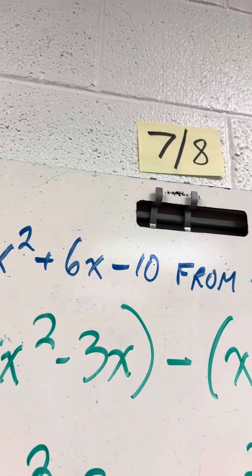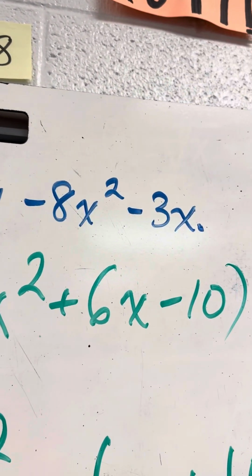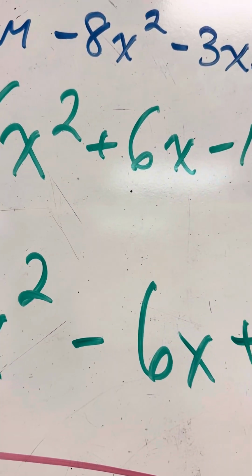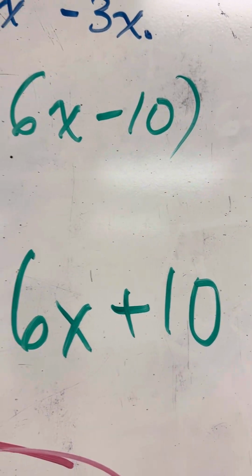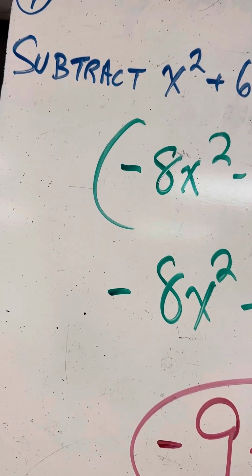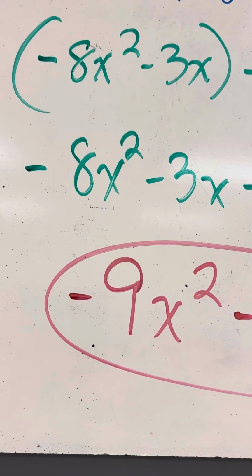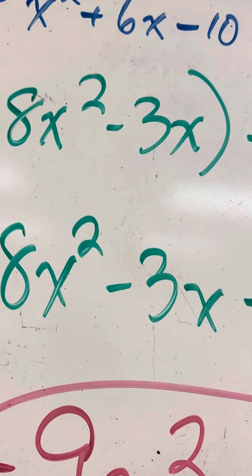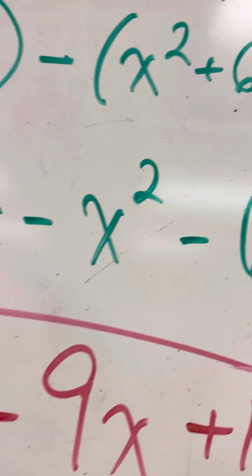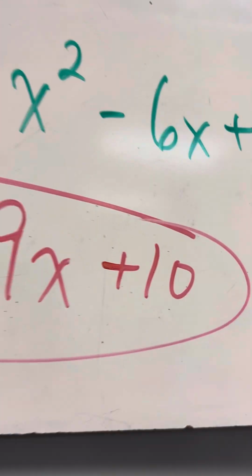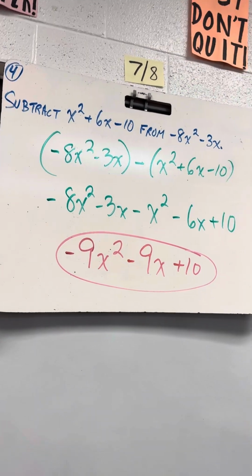And I'm going to subtract, which means these signs are going to change. It's going to be minus x squared minus 6x plus 10. Negative 8x squared minus x squared is negative 9x squared. Negative 3x minus 6x is negative 9x. Plus 10. There you go.